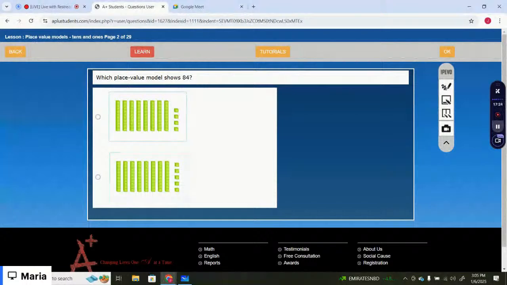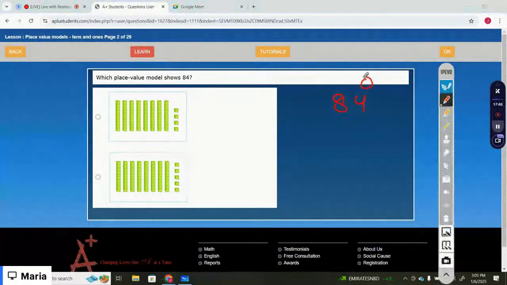Which place value model shows 84? 84, right? So that means 4 is at the ones place and 8 is at the tens place, right? So you have four single squares. Let's just count them. One, two, three, four. So you have four and then eight bars.